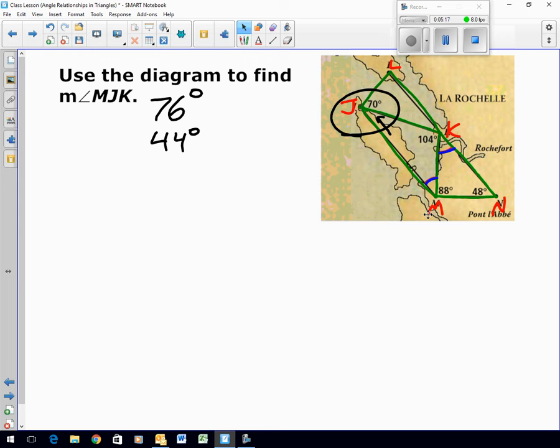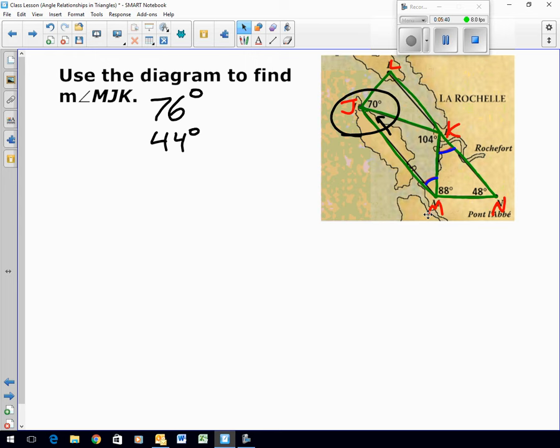I'm only given one of the angles in that triangle. In triangle MJK, I'm only given the measure of angle K, which is 104. That's a problem, right? But notice there's a key piece of information here.